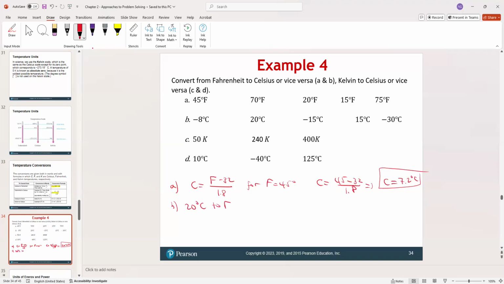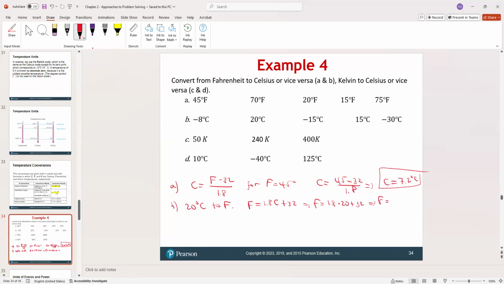Let's also convert, for example, 20 degrees Celsius to Fahrenheit. We know the formula for Fahrenheit when you know Celsius is 1.8 times Celsius plus 32. So the Fahrenheit would be 1.8 times 20 plus 32.